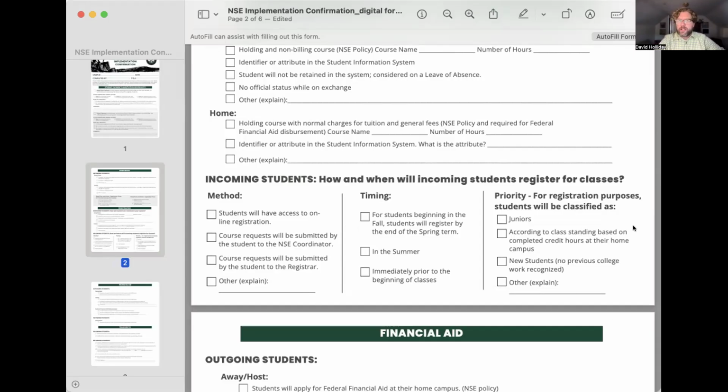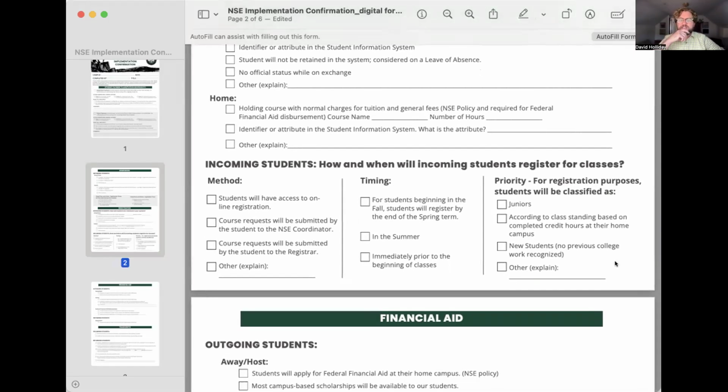One other thing I want to point out over here is the priority registration. So this determines when an incoming student actually will register for classes. The most common option when I'm looking through campus profiles is I see this according to class standing. So that means if the student's a junior, they register with juniors, sophomores with sophomores, etc. So kind of equal playing field, they register according to their class standing.